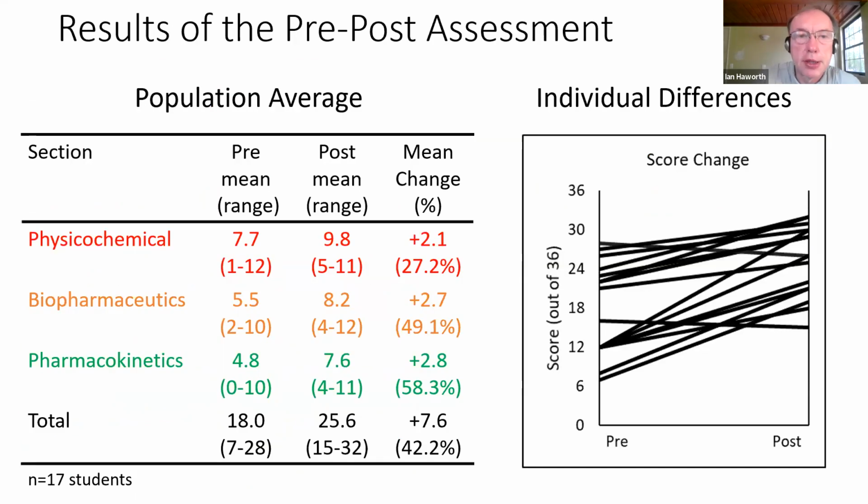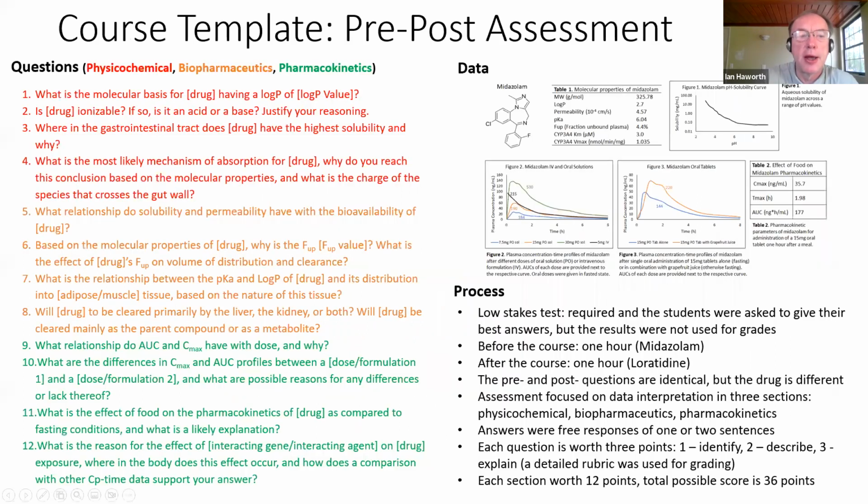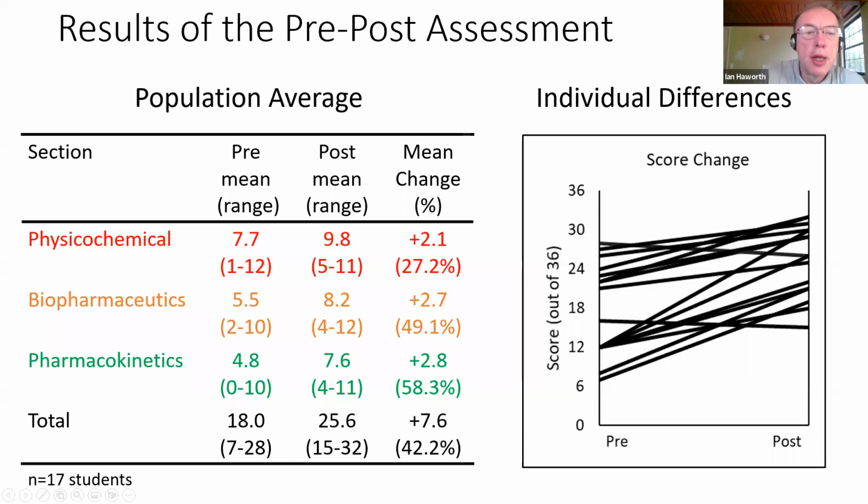So this is our results, and this is a pharmacokinetics talk. So we'll start with the population average of the students. The pre-assessment, the physical chemical section, 7.7 out of 12 is the mean. Range of 1 to 12.